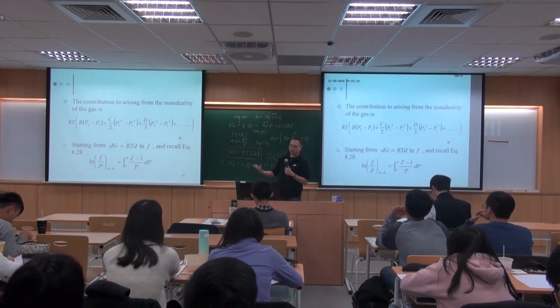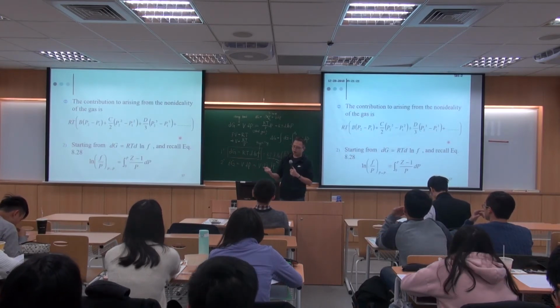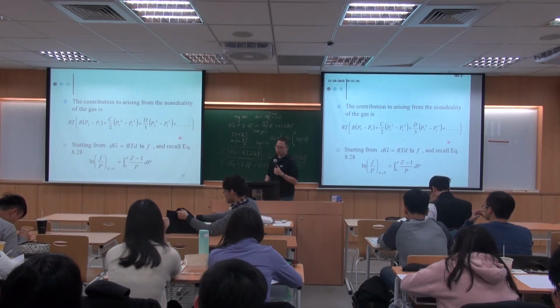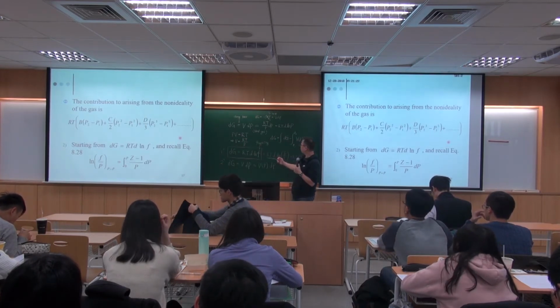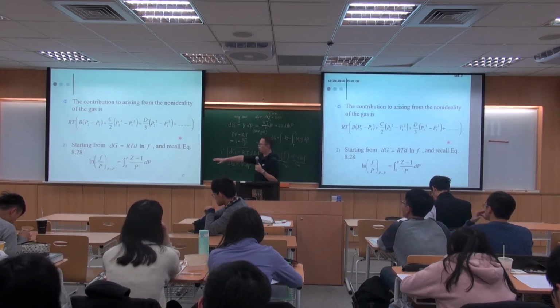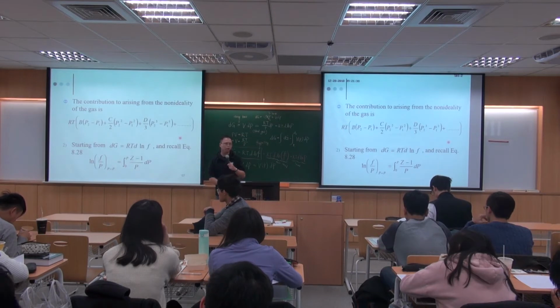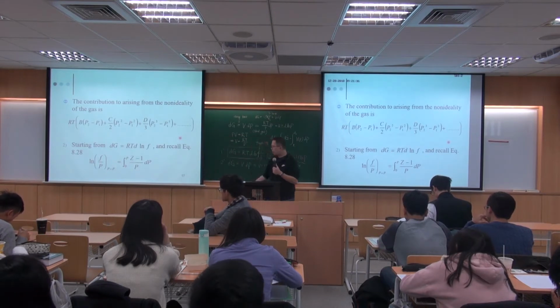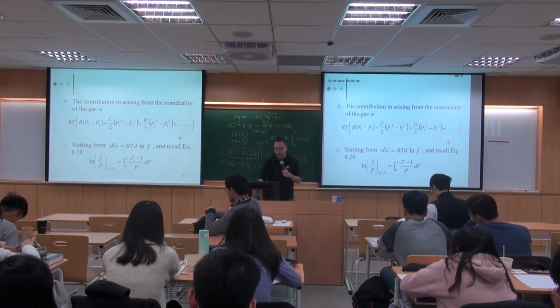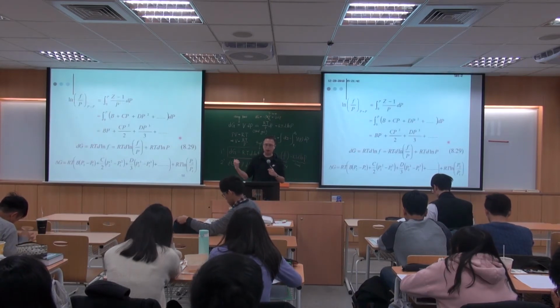But of course, last time we spent some time talking about this calculation of log f over P. So that's the reason why over here we can just plug in this expression. If we want to calculate log f over P, we can plug in this expression and then combine that with the rest of the ideal gas part. So the textbook went through this calculation.